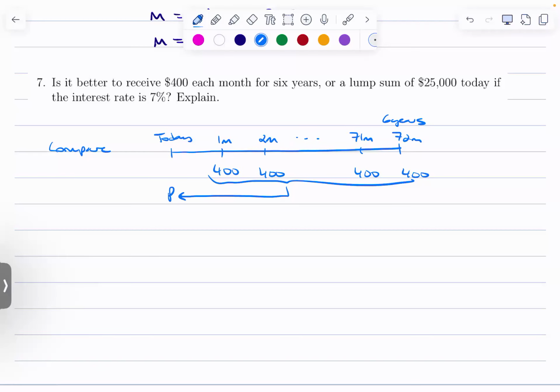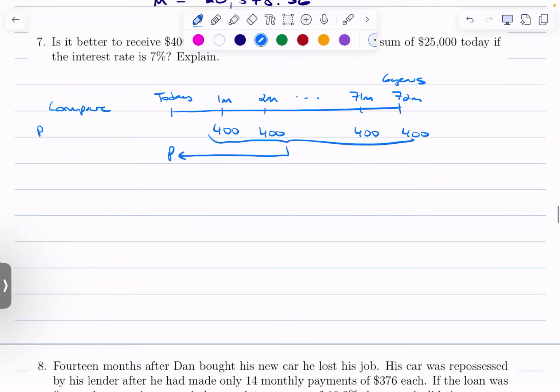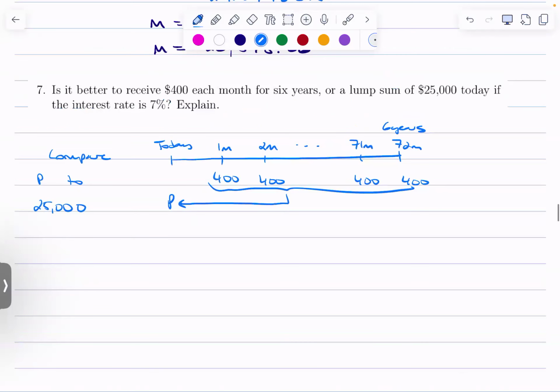And so we want to compare this P to 25,000. And then presumably pick the larger of the two. But you get to explain, so you could tell me whatever you want.